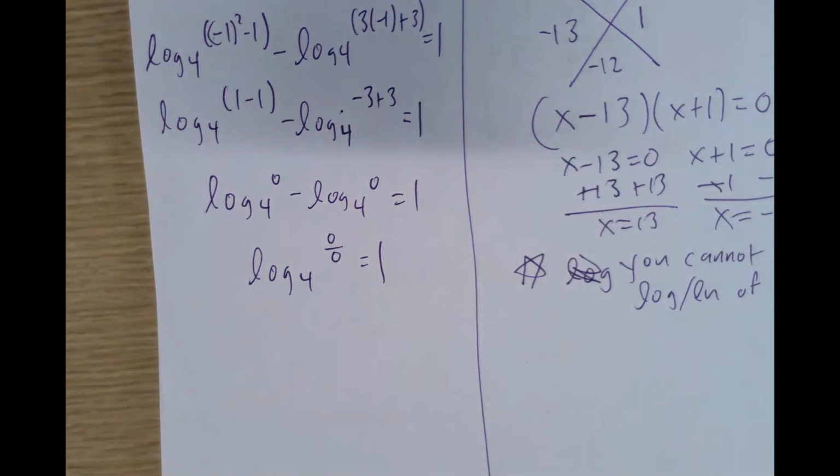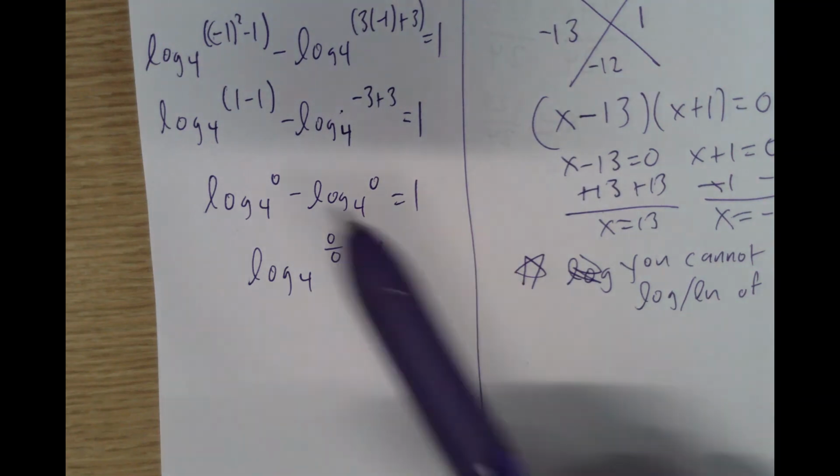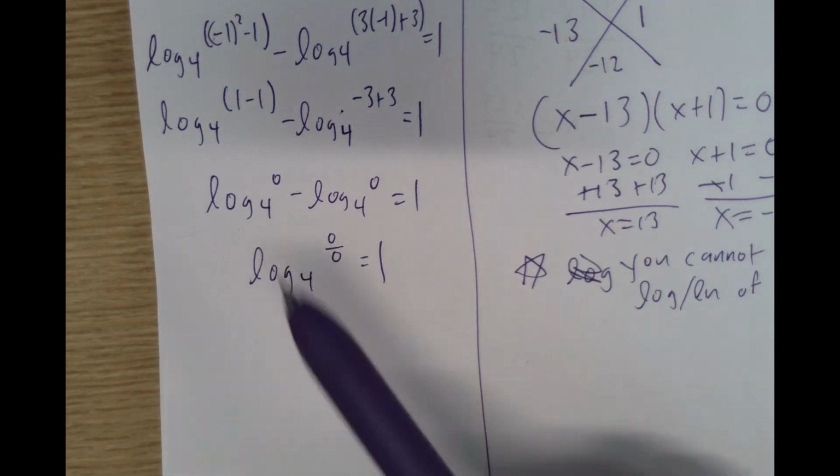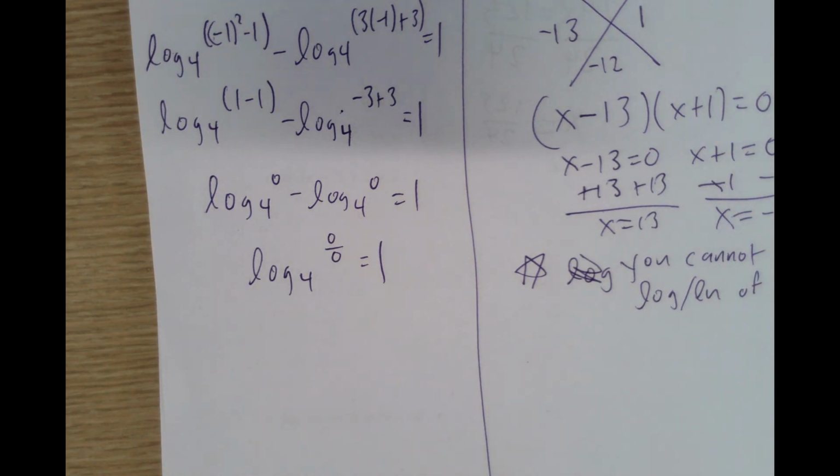And you can see here that when we divide by 0, or even when we're taking the log of 0, it doesn't make any sense. So if we look at the previous line right here, it says log 4 of 0. If you guys remember, when you take the log of a number, so log base 4 of 0, what it's asking us is what exponent would you raise 4 to get 0?